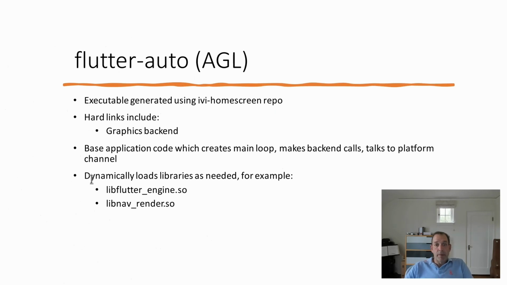Sounds familiar. It dynamically loads libraries as needed. So for example, libflutter_engine.so, that is equivalent to libflutter_linux_gtk, but a much lighter weight version. And so I'm loading this dynamically at runtime as opposed to hard linking against it.